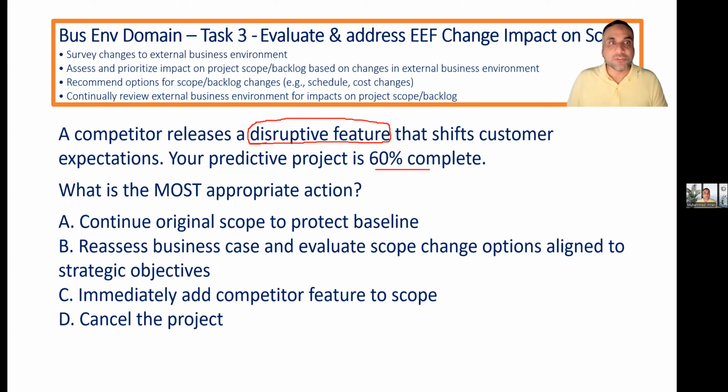But here the question is: what is the most appropriate action? Continue original scope; reassess business case and evaluate scope change; immediately add competitor feature to scope; or cancel the project.